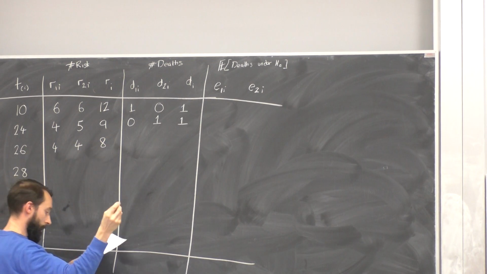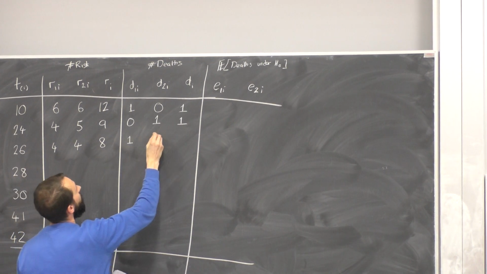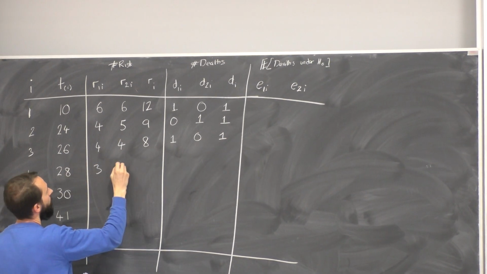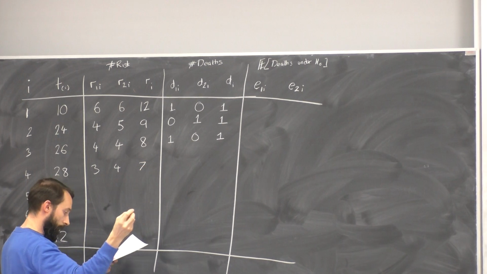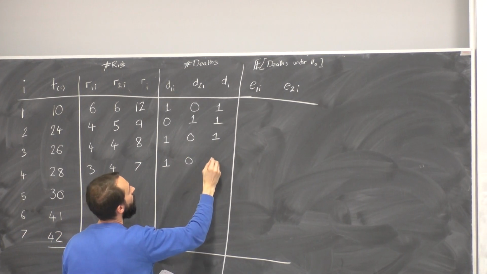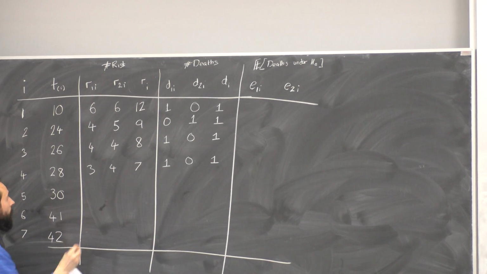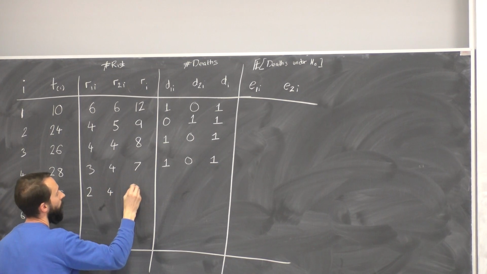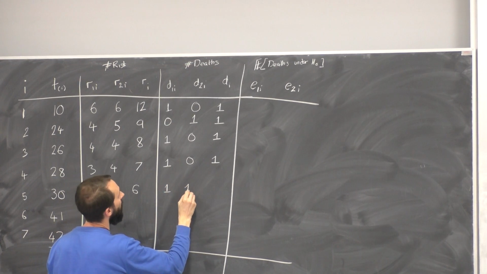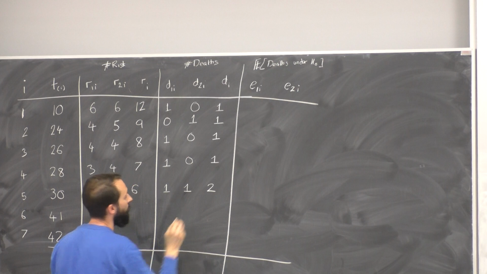And then 8. And then death like that. And then 3, 4, 7. 1, 2, 4, 6. And here at 30 weeks, I saw both a death in group 1 and a death in group 2.